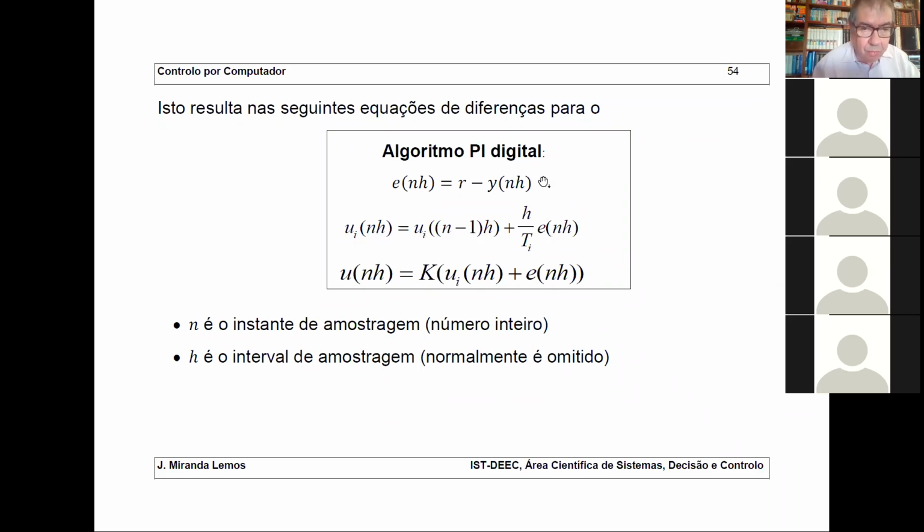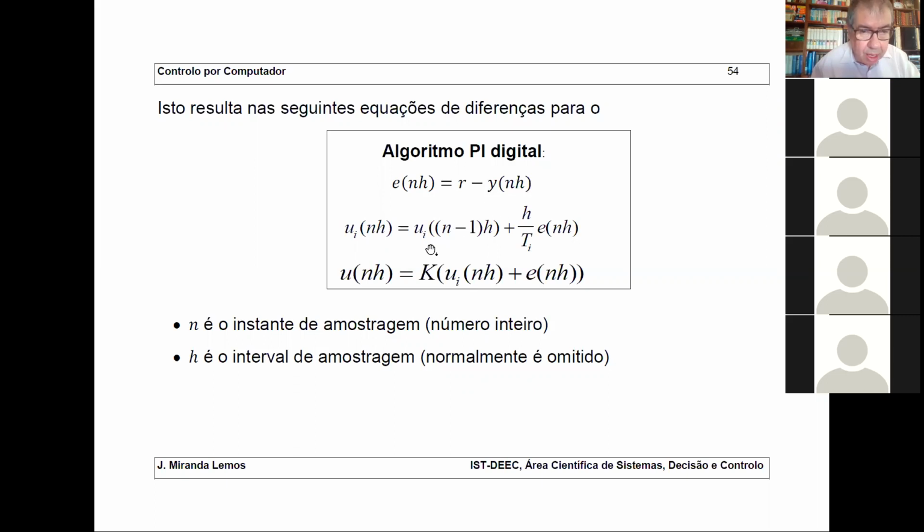Okay? So the digital PI is nothing more than this: you have the reference in the computer, you can write it on the keyboard, and then you read y at discrete time n from the input port connected to the AD.